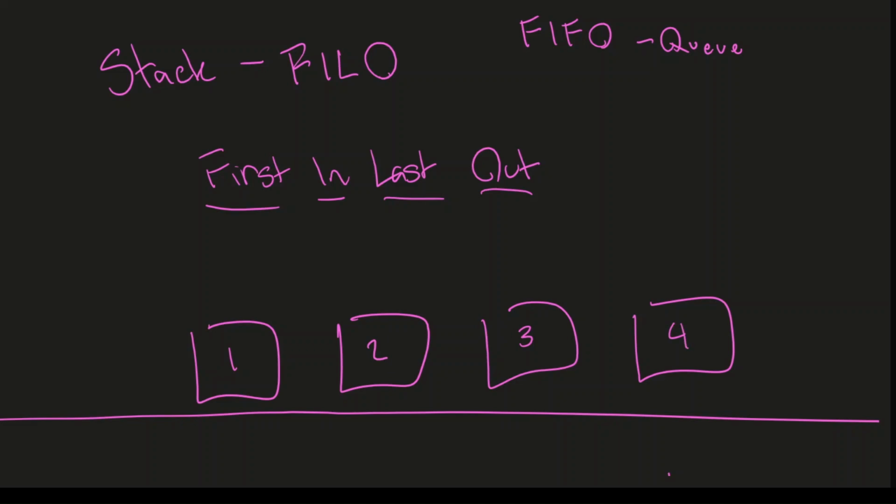Now immediately upon looking at the stack, or what we'll get to later as a peek function, you will only see the top page or the most recently added one, which will be page 4. And in order to get all the way down to page 1, you would have to take off page 4, take off page 3, and take off page 2 in order for only page 1 to be remaining.